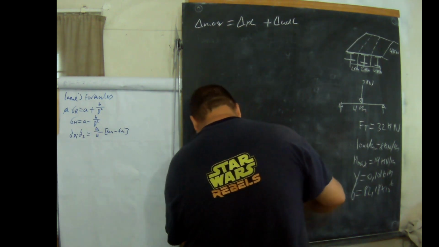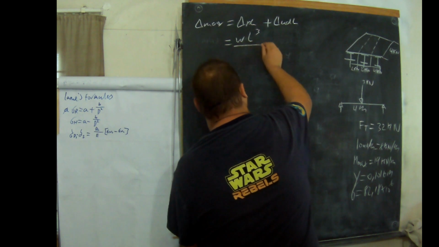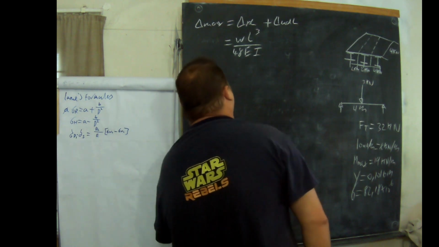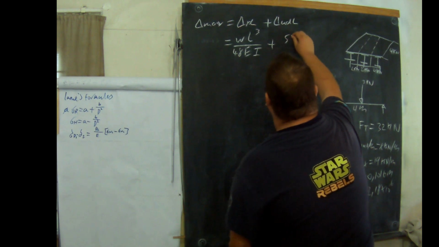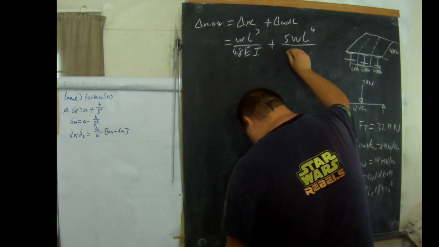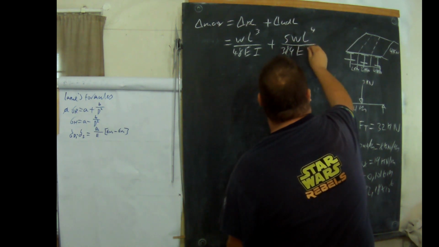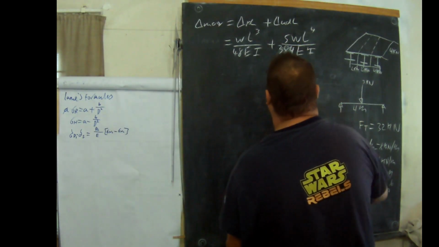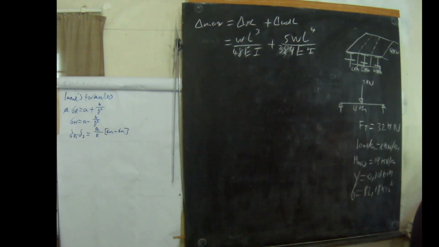Okay, and this particular one was W L cubed over 48 E I. And our next one is 5 W L to the power 4 over 384 E I.